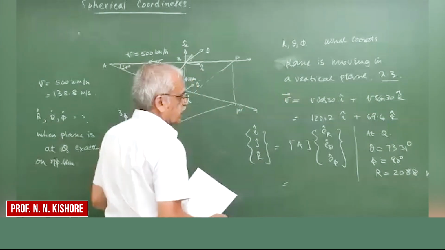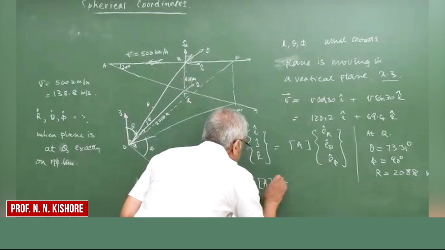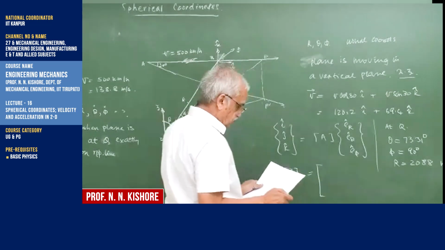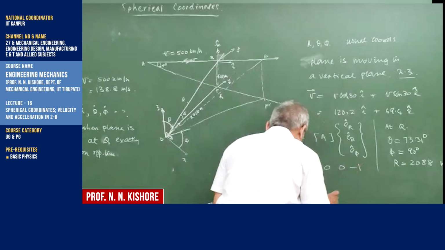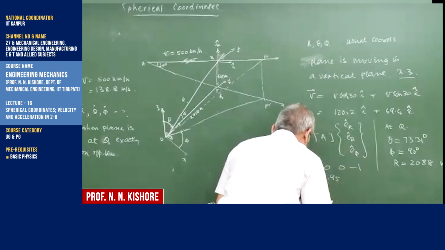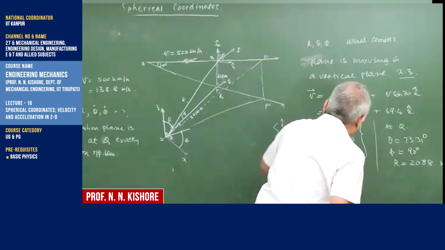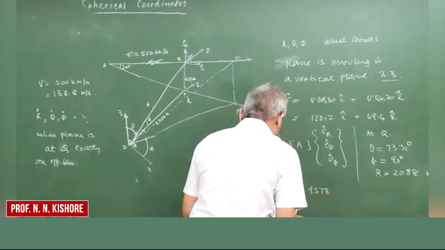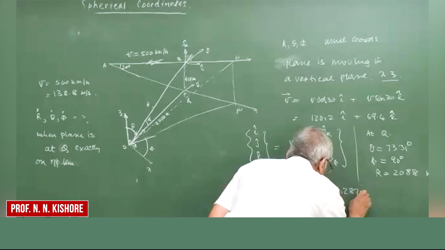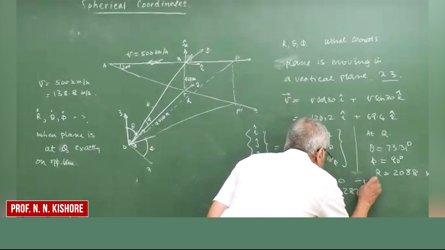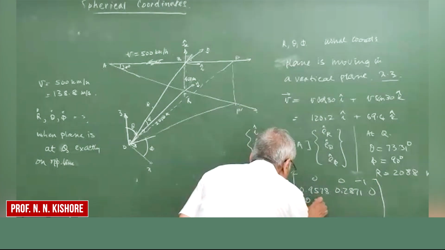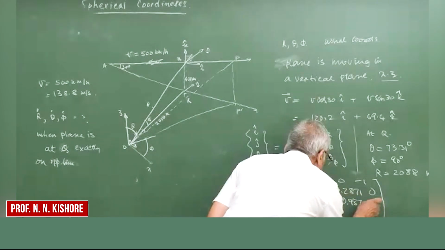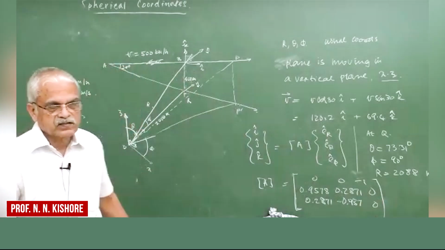Once you have that, we can have the given expression for A. If you put all those things, it will turn out to be 0, 0, minus 1, minus 9.5, and so on, with the cos theta and sine phi terms.